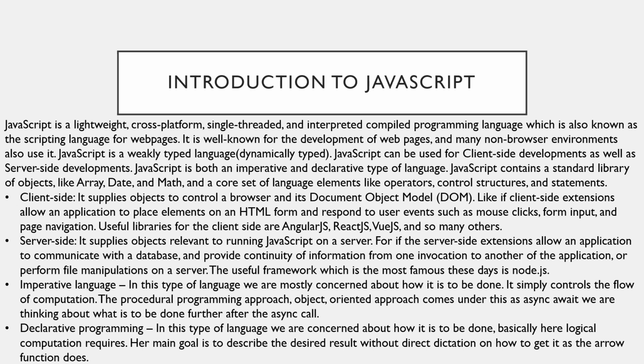Client side, it supplies objects to control a browser and its document object model. The client-side extension allows an application to place elements on an HTML form and respond to user events such as mouse click, form input, and page navigation. Useful libraries for the client side are AngularJS, ReactJS, and many more.